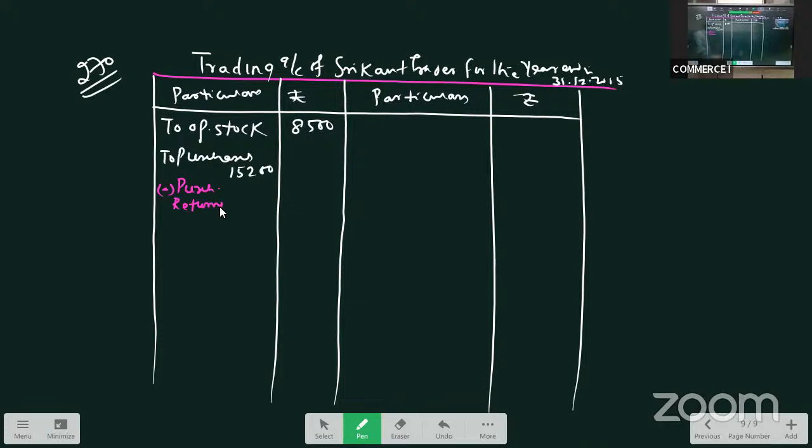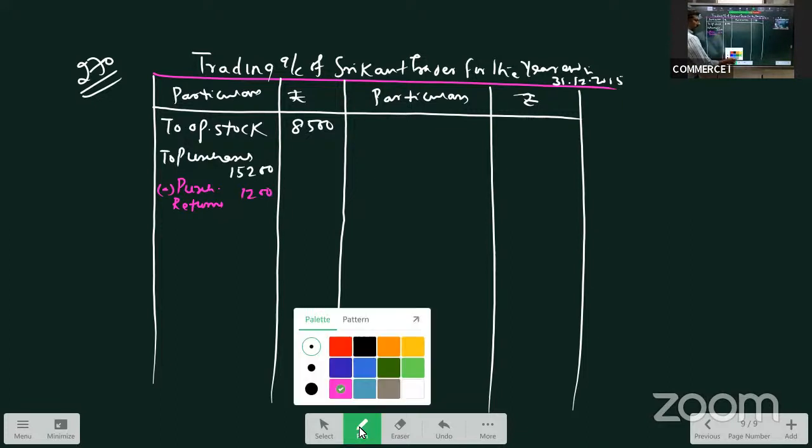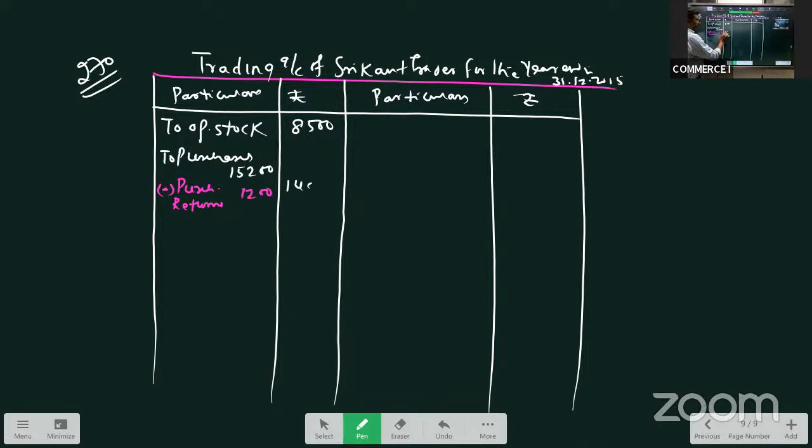Purchase returns is given as 1,200. So deduct. We'll get 14,000. Net figure is 14,000. We have deducted 1,200 from 15,200. Next we have sales. If you remember, sales will be taken on the credit side, no?